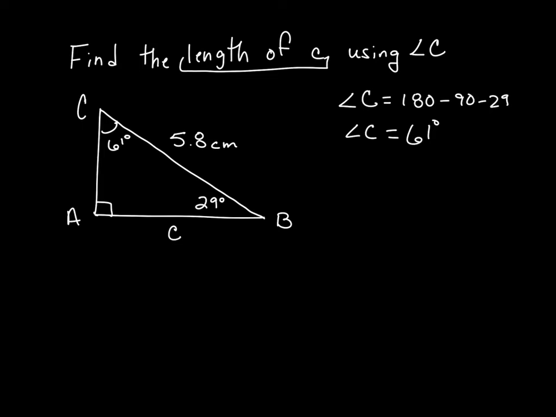I know the 5.8 represents the hypotenuse. So we can set up ratios. Again, sine is the opposite over the hypotenuse, cosine is the adjacent over the hypotenuse, and tangent is the opposite over the adjacent. This is commonly referred to as SOHCAHTOA.